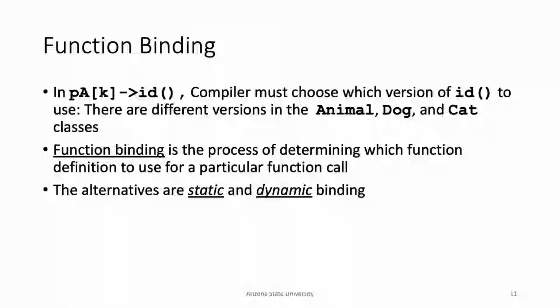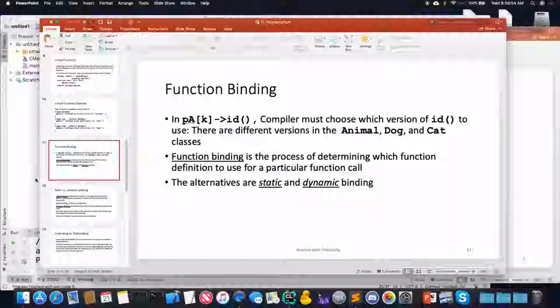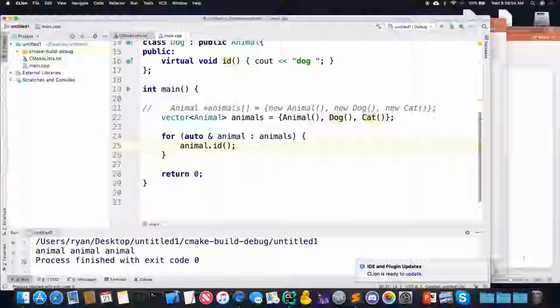If we look at our code in the example, what we're doing right here, the dot, says it's doing it at compile time. The slides say this also, but we'll get to that. The dot here says we're going to look this up at compile time. Because it's at compile time, all the compiler really knows is this vector is of animals.